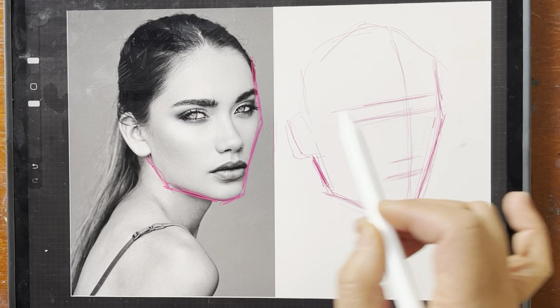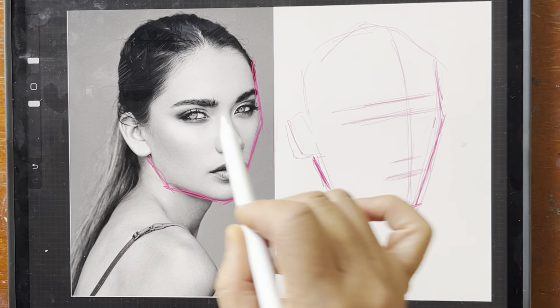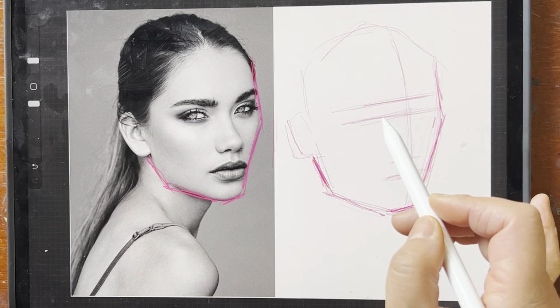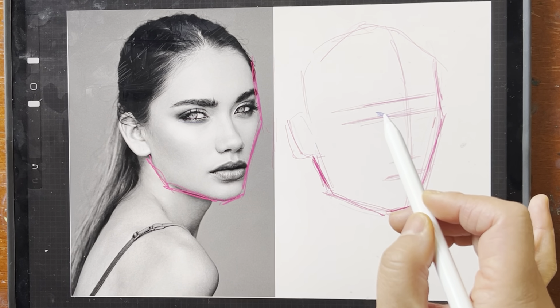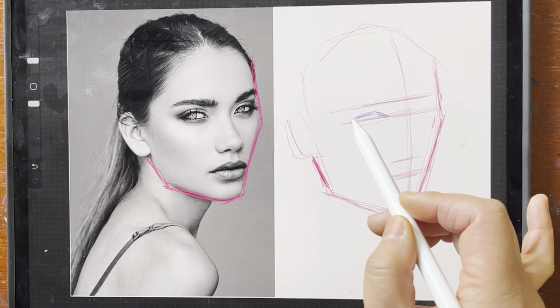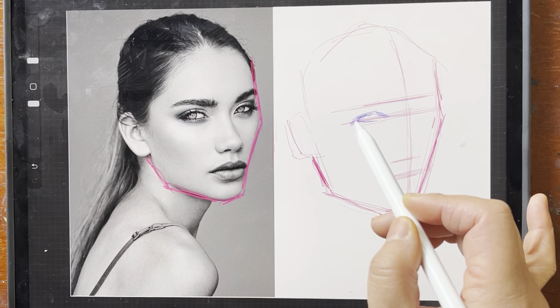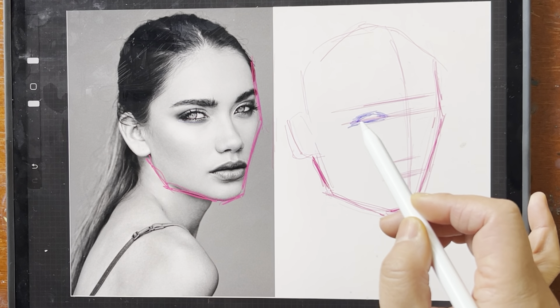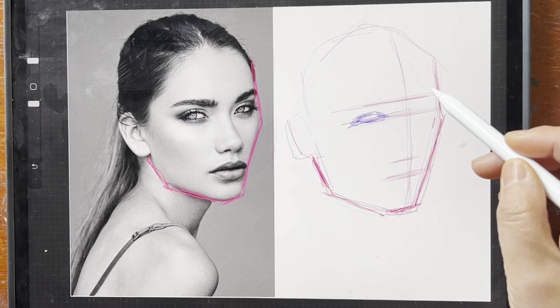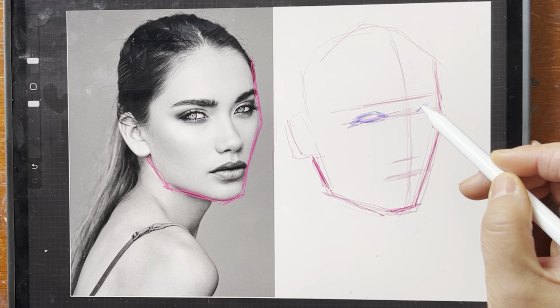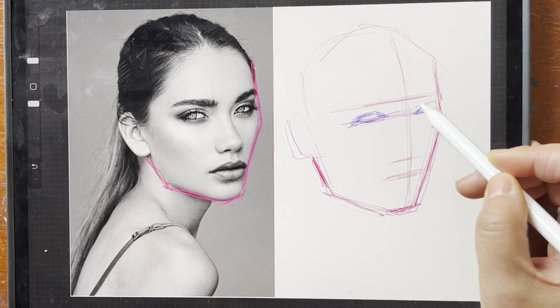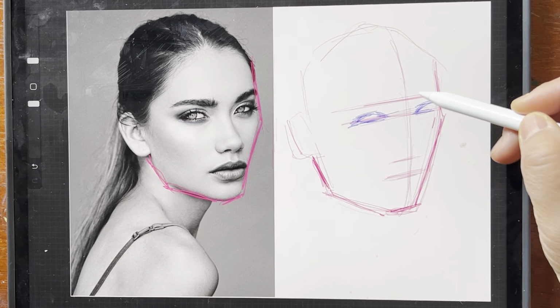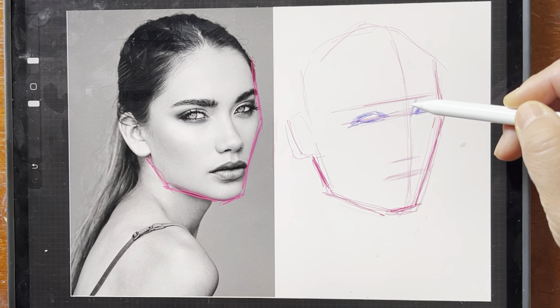So I'm looking at the distance between the center line and this, which is about that much, right? So I just draw a shape like this. General, okay? Then this eye probably goes right here. Higher, right? Then the nose.